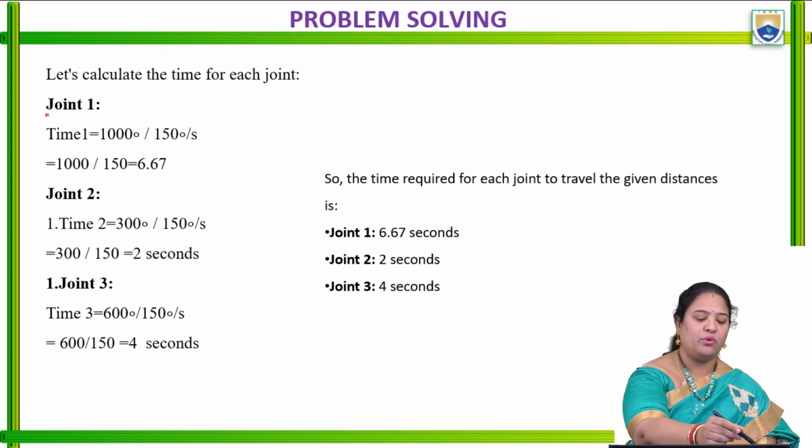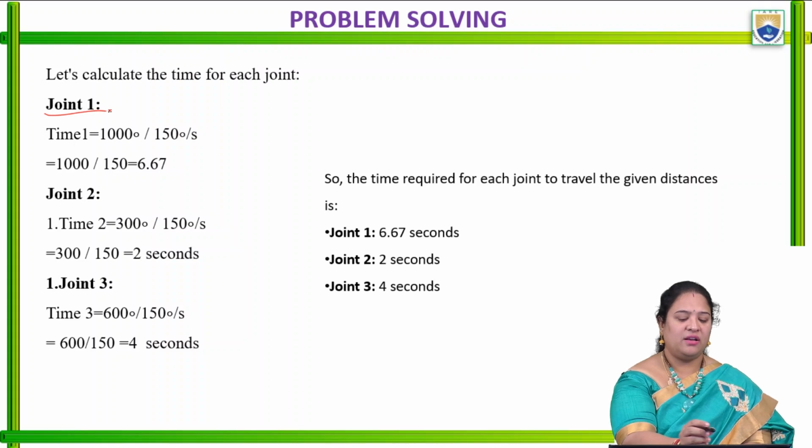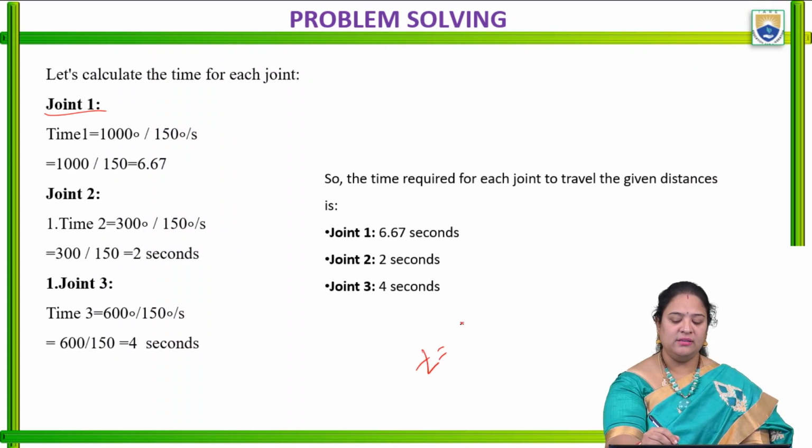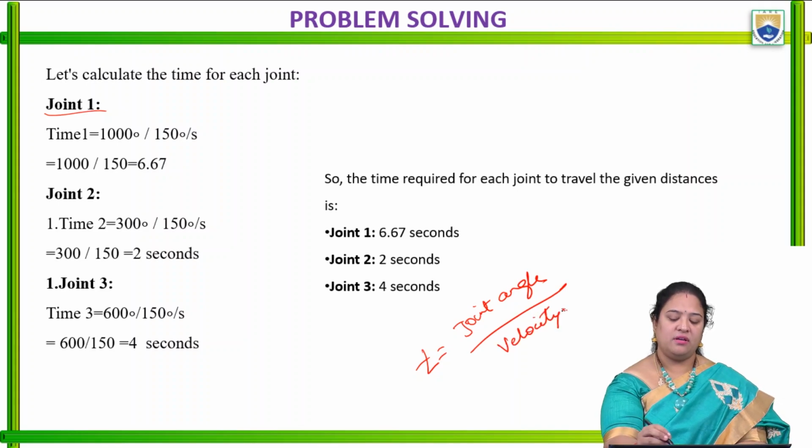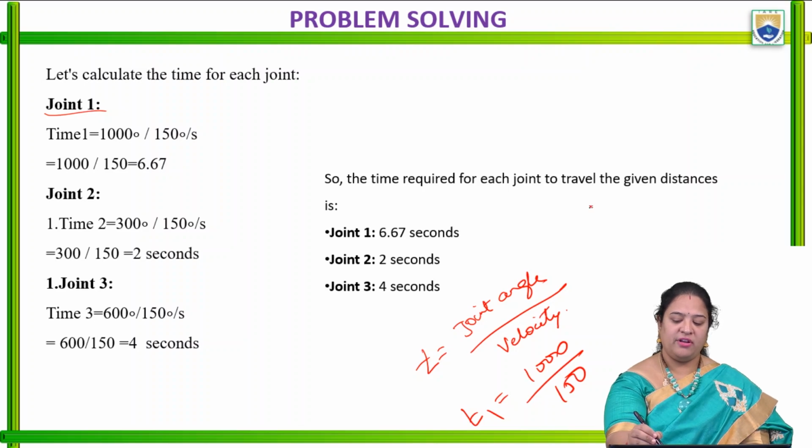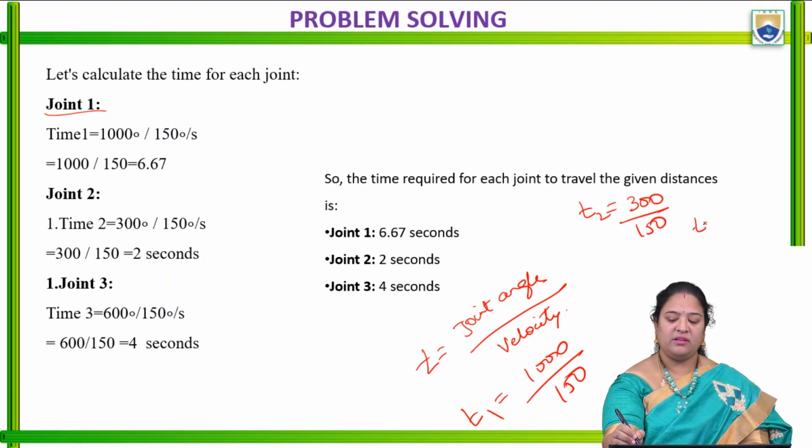So coming to joint 1, time 1, we take time equal to the joint angle divided by the rotational velocity, right? That is nothing but 1000 by 150 for T1, whereas for T2 it is equal to 300 by 150, and T3 is equal to 600 by 150.